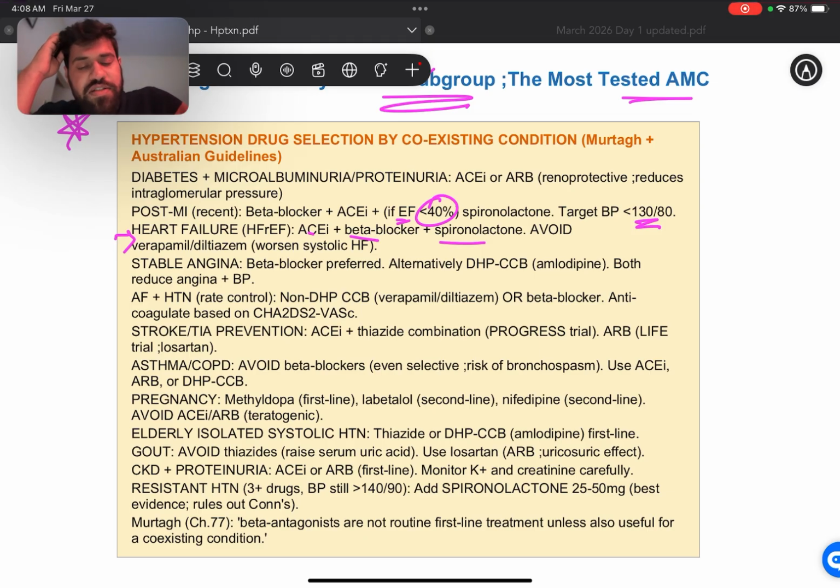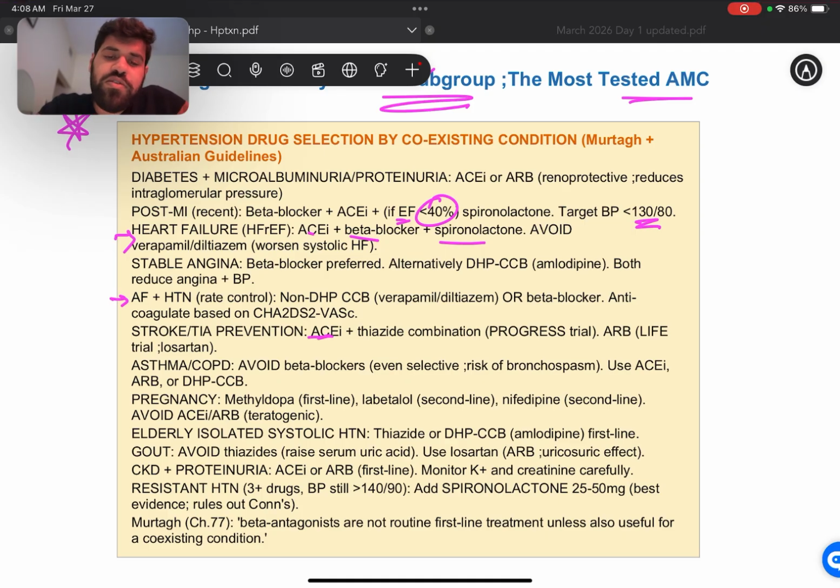For stable angina, we prefer beta blockers. The alternative is DHP CCBs, amlodipine, because both of them are going to reduce angina and blood pressure. If there's atrial fibrillation and hypertension, we went over this in the arrhythmias class. We give non-DHP CCBs or beta blockers, either or, and anticoagulation is based on the CHA2DS2-VASc score. For stroke or TIA prevention, ACE inhibitors and thiazide combination.